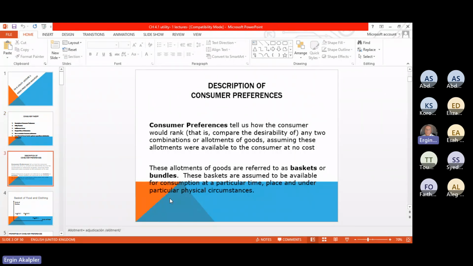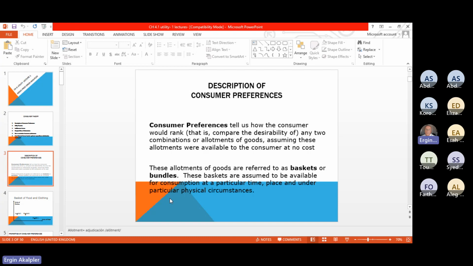Consumer preferences are very important because, as I said to you, we are dealing with your preferences and your satisfaction. Consumer preferences tell us how the consumer will rank, that is, compare the desirability of any two combinations or allotments of goods, assuming these allotments were available to the consumer at no cost.